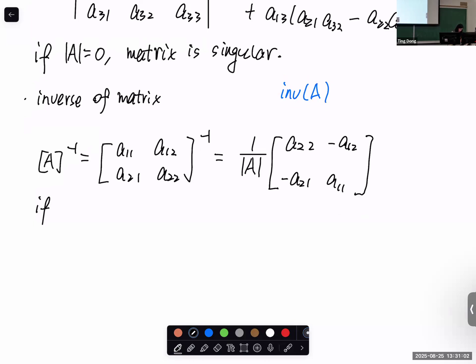So let's put it here clearly. If the determinant equals 0, there's no inverse. And in our FEA, we talk about later that since our matrices before applying boundary conditions have determinant 0, we talk about later how to remove the singularity of the matrix and actually solve the Q vector.